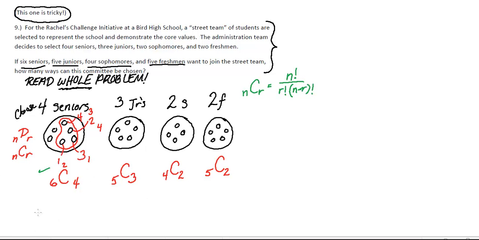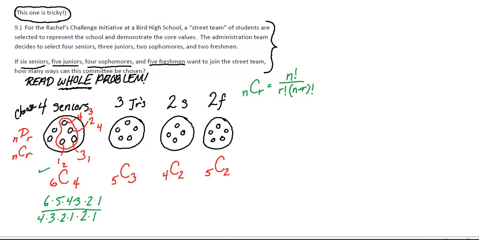So since my N is 6, that's going to be the thing that goes up top. So I've got 6 factorial, which I know is 6 times 5 times 4 times 3 times 2 times 1. And all of that is over, well, the R is 4, so I've got 4 times 3 times 2 times 1. And then N minus R, well, 6 minus 4 is 2 times 2 times 1.